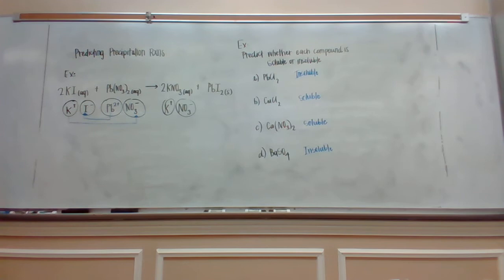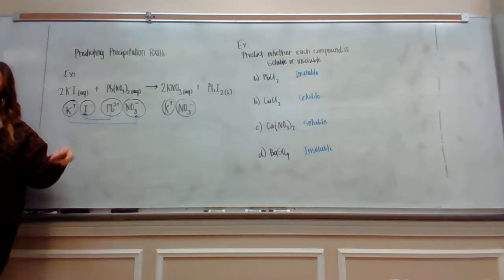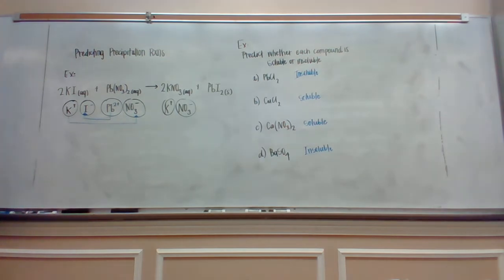But my lead and the iodine, when they bond together, they form an insoluble ionic compound. Therefore, it precipitates out of solution, and I have a solid left floating in my liquid solution. So that is a precipitation reaction.